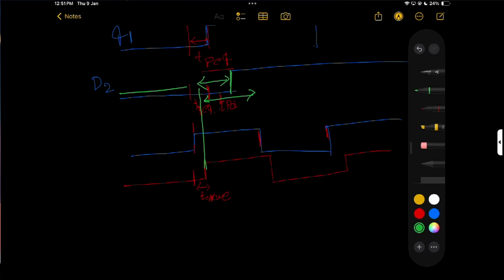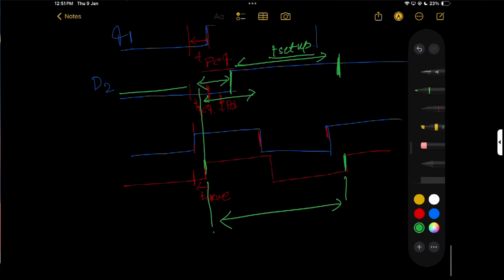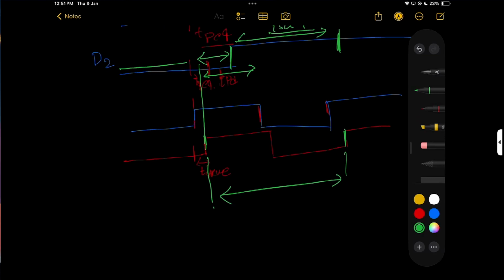This is your setup time. So from here to here, your actual clock time is required. Previously it was TCQ plus TPD plus T setup.